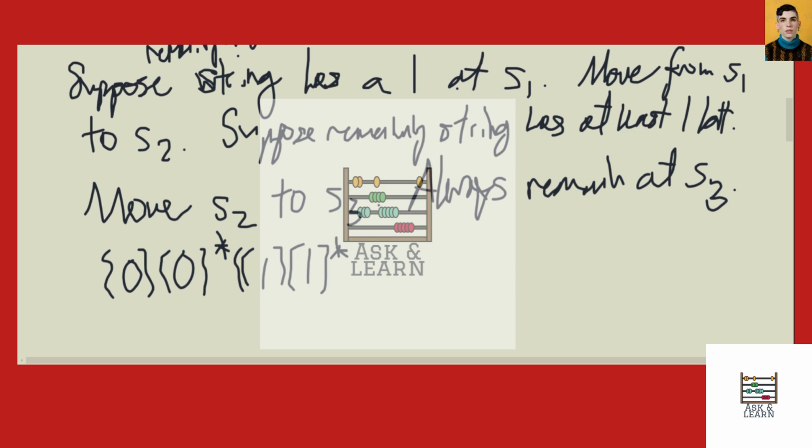So for example, we have the concatenation of the set containing 0, the Kleene closure of the set containing 0, the set containing 1, the Kleene closure of the set containing 1, the set containing 0 or 1, my mistake, and the Kleene closure of the set containing 0 or 1 is a subset of the recognized language.